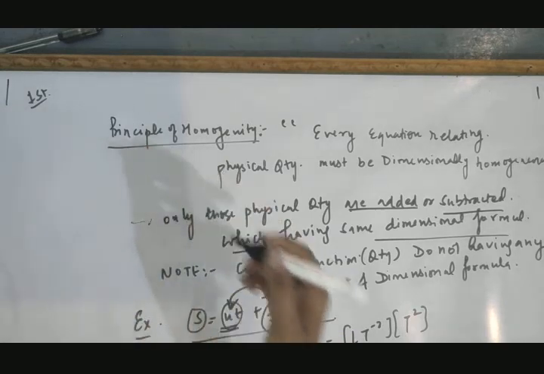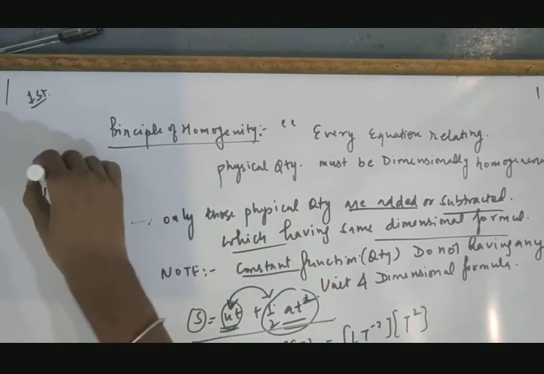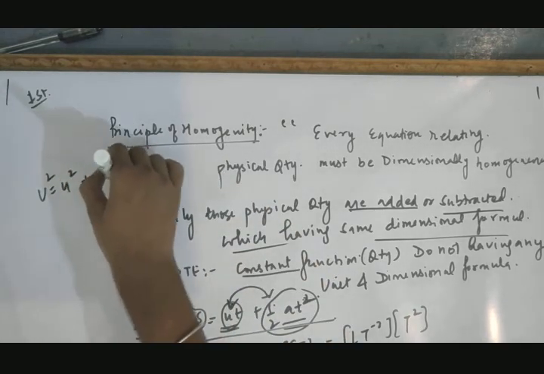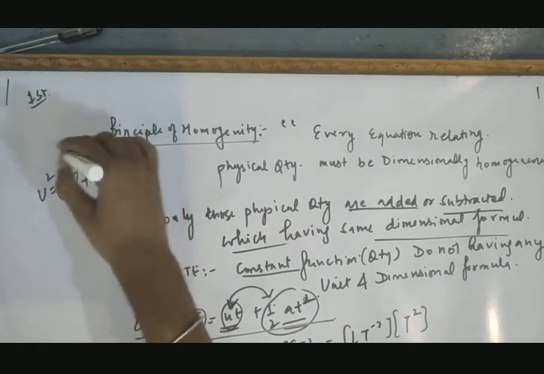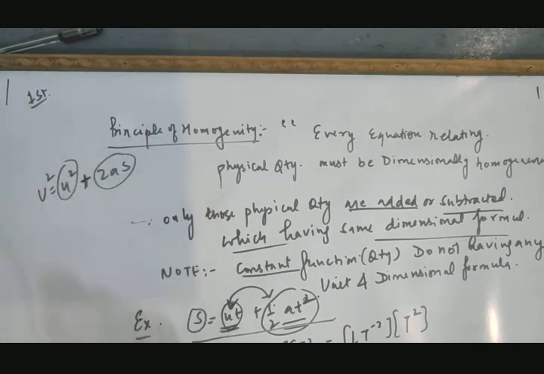Suppose v square equals u square plus 2as. So u square must have the dimension of 2as, then only this addition is possible. Physical quantities are added only when they have the same dimension formula.